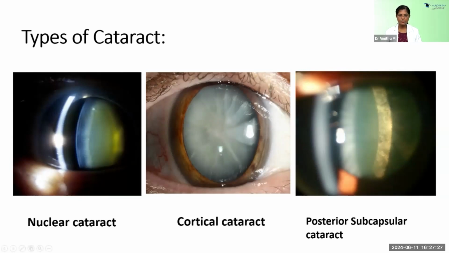It is characterized by a wedge-shaped opacity coming from the side to the center. So the visual disturbance occurs in the later stage in this cataract. Whereas in the posterior subcapsular cataract, where the cataract occurs just before the posterior capsule, it starts in the center and spreads peripherally. So the visual disturbance occurs at the earliest stage in this cataract.